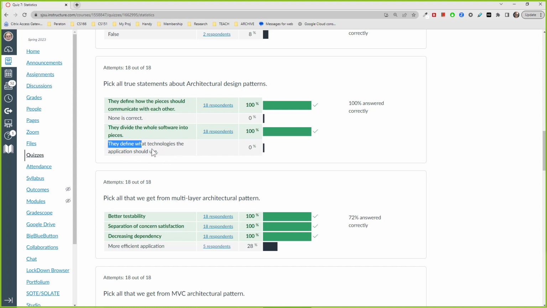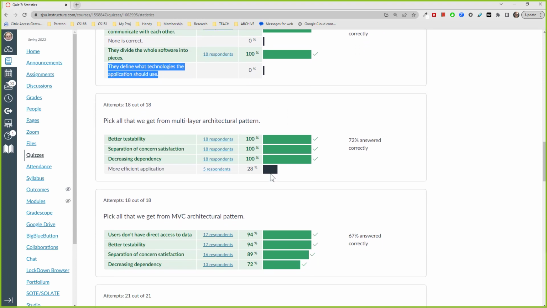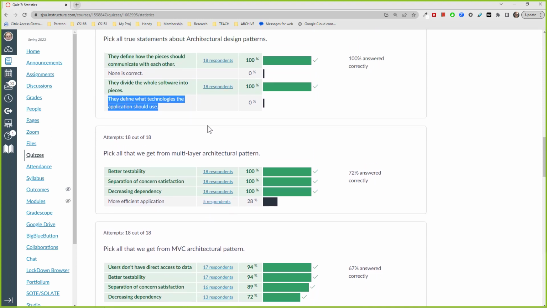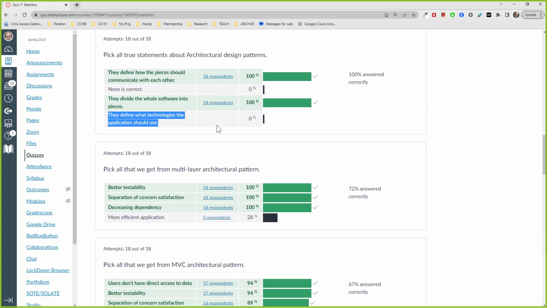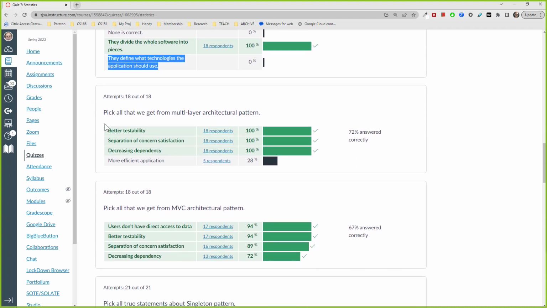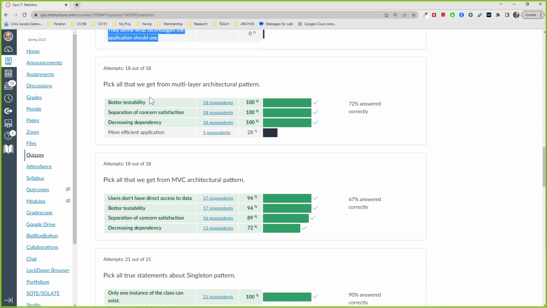That was actually a joke, and I am glad that nobody picked this one. And I don't know what it means. It means either that nobody laughed at that, or everybody laughed at that because nobody picked it. Anyway, pick all that we get from multi-layer architectural design, and all 100%.